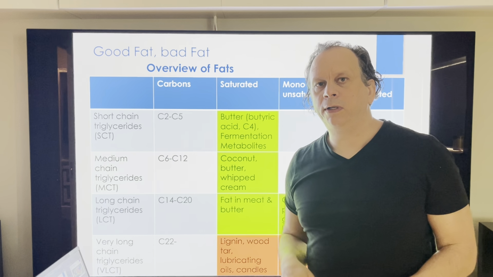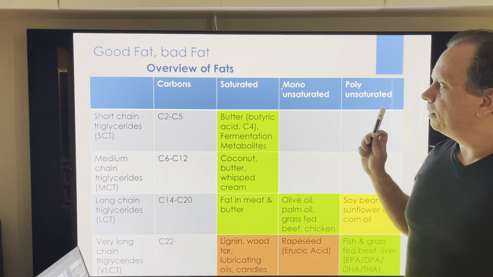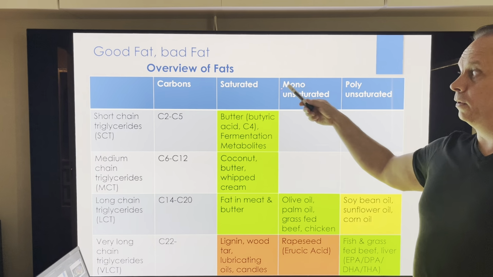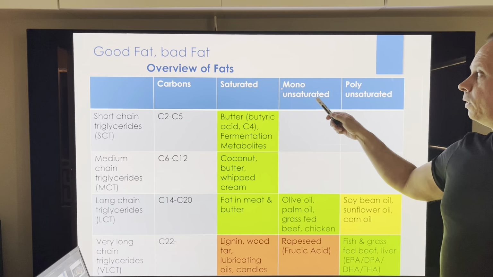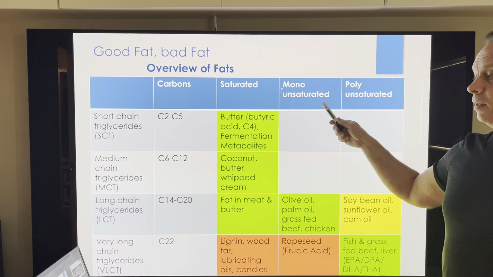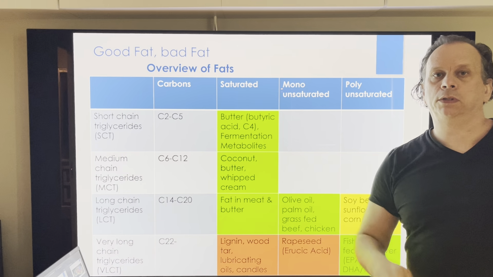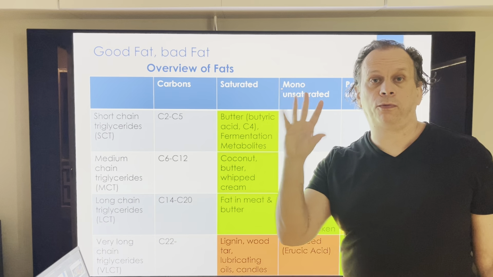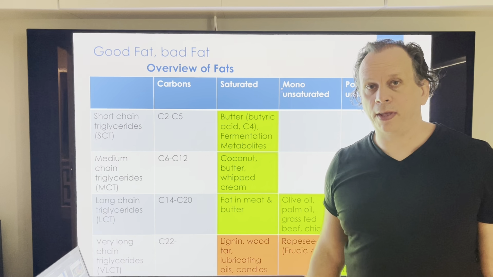And I will go into a little bit more of the details on that soon. So that's on one axis here. And then on the other one we have if they are saturated, monounsaturated or polyunsaturated. And monounsaturated means it has one double bond. Polyunsaturated means it has 2 or 3 or 4 or 5 double bonds. It has more than one double bond.